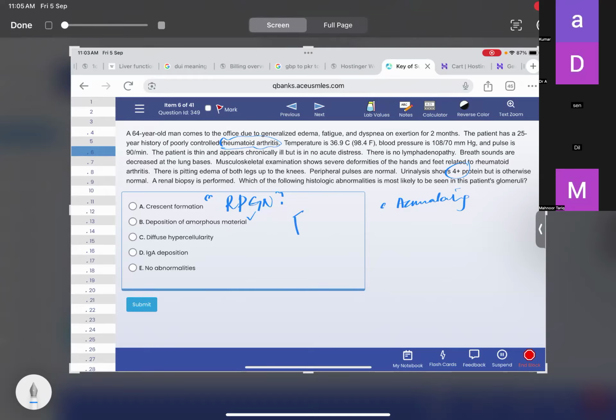What happens is that the basement membrane gets ruptured. All the cytokines, inflammatory cells, macrophages, neutrophils, and immune complexes leak through the filtrate. And what will cause this is that it forms a crescent.